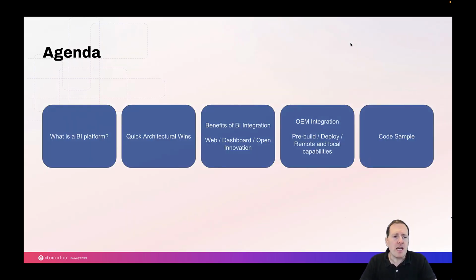So the session today, we're going to have a quick look at what a BI platform is. We'll have a quick discussion around some of the architectural wins that you can use here. One of the big things I'd say is that having a BI platform available to you provides a hugely powerful and valuable capability that you can plug into your application very, very quickly.